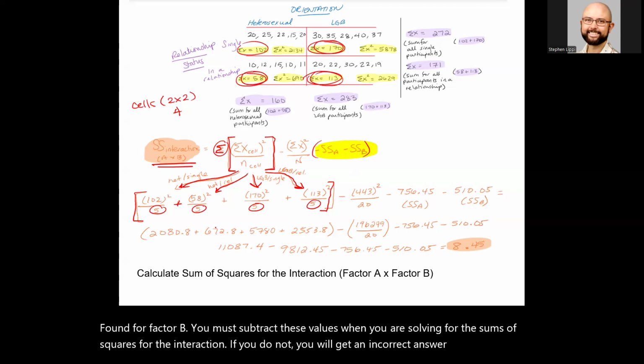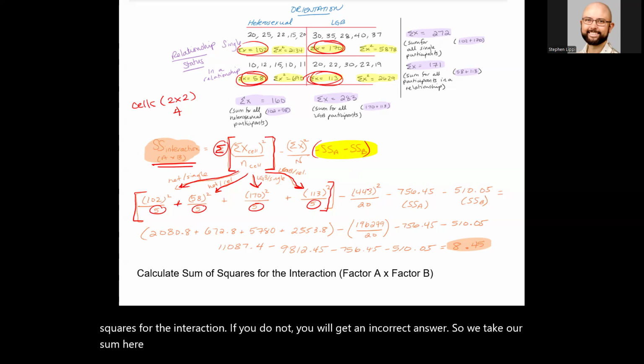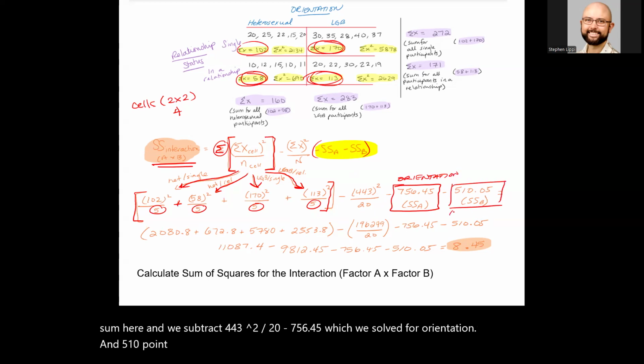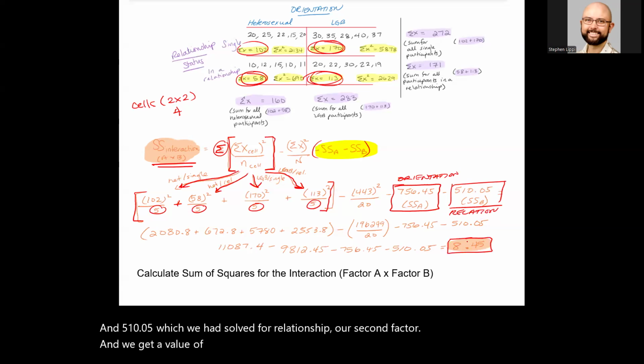So we take our sum here and we subtract 443 squared over 20 minus 756.45, which we solved for orientation, and 510.05, which we had solved for relationship, our second factor, and we get a value of 8.45.